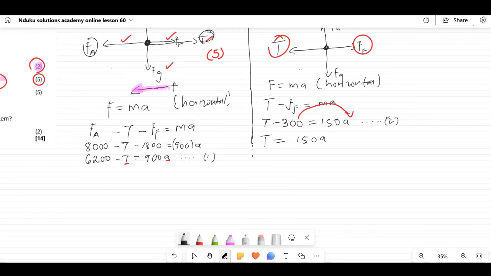This goes that side, so it's going to be a positive 300. Let's change the sign. So we have our two equations. This is still our equation number 2. So we're going to substitute equation number 2 into equation number 1.